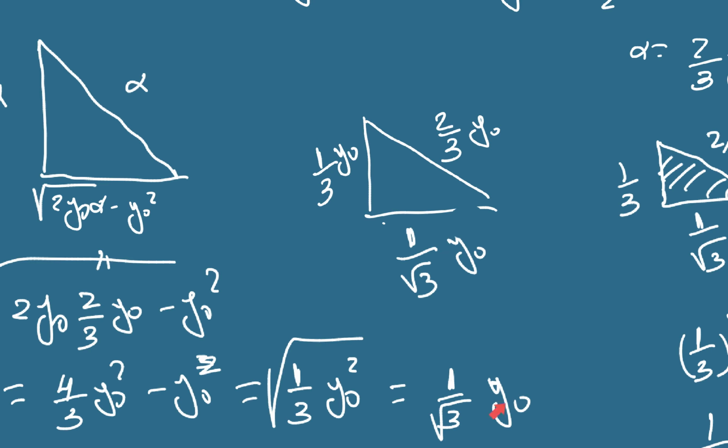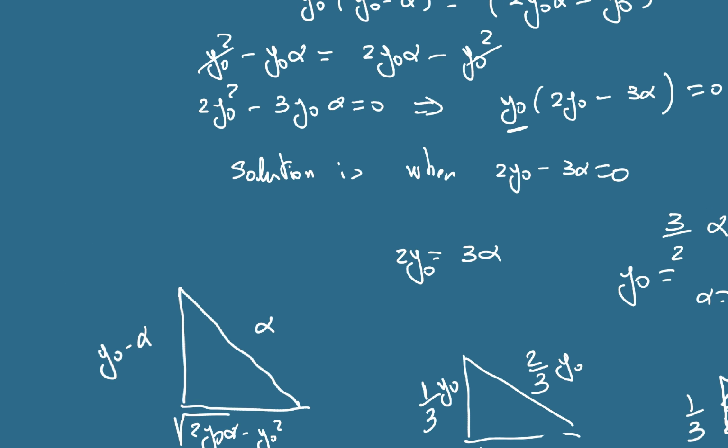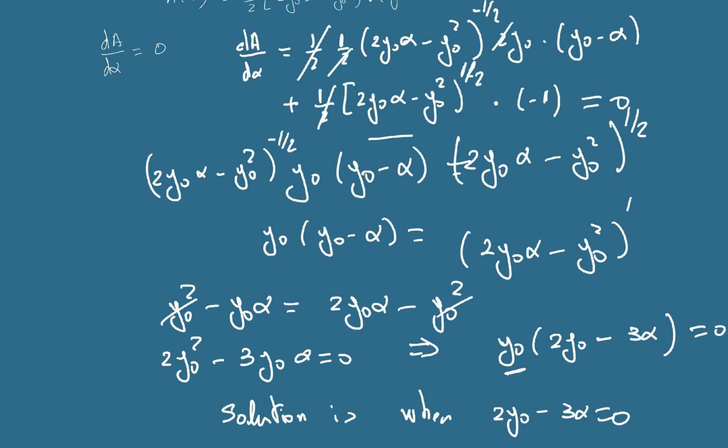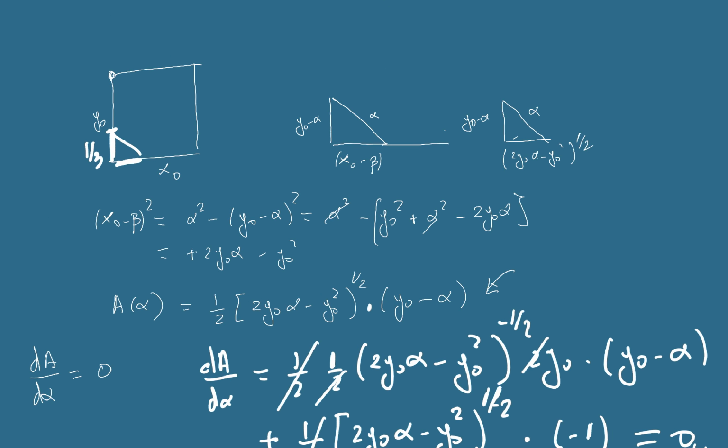So the area is maximum when this is 1/3 of y0, and the paper has to be folded in a way that this will be 1 divided by square root of 3 of y0. So this is the maximum area you can obtain when you fold in this way.